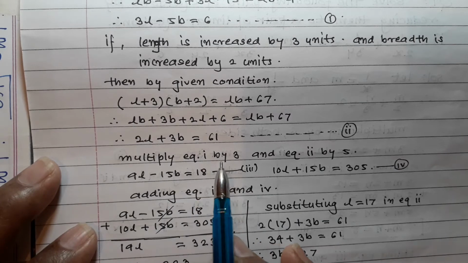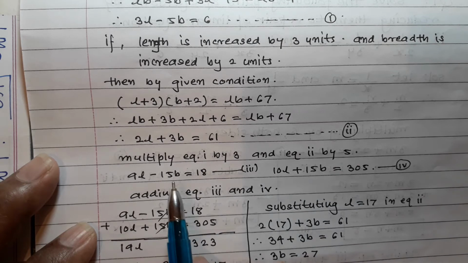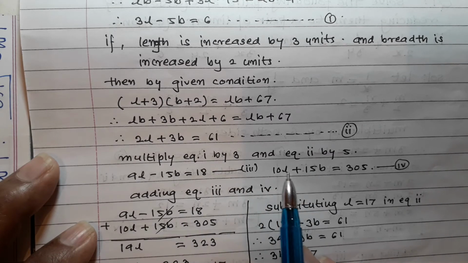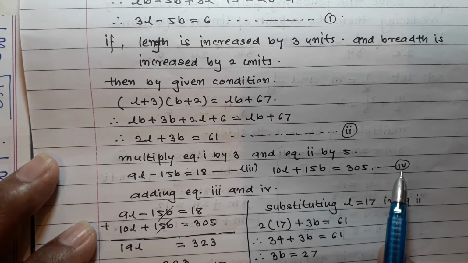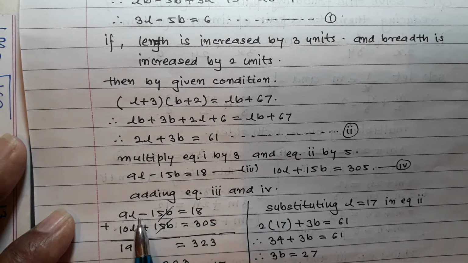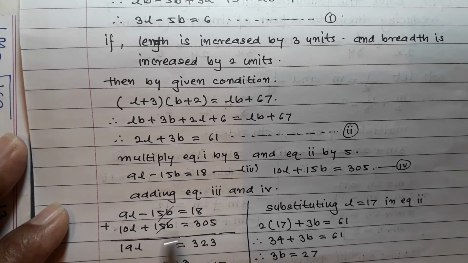Multiply equation number 1 by 3 and equation number 2 by 5. So 9L minus 15B is equal to 18, equation number 3. 10L plus 15B is equal to 305, equation number 4. Adding equation number 3 and 4: 9L minus 15B is equal to 18 plus 10L plus 15B is equal to 305.